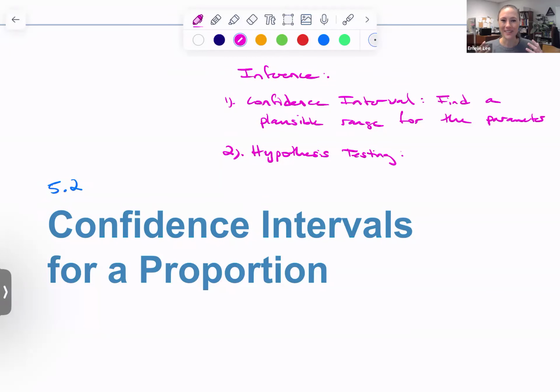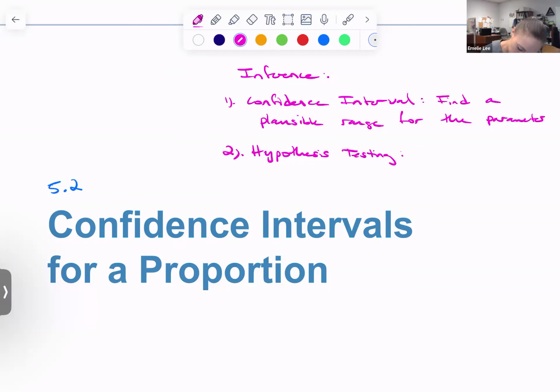I hypothesize that my sample came from a population that's centered on 0.5, and then we use probabilities, that normal curve, to say that seems unlikely, because the probability is so small. And then we can reject that hypothesis. There are many layers to hypothesis testing, but in general, that's what we're doing.